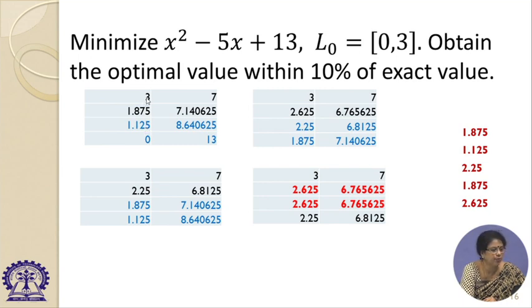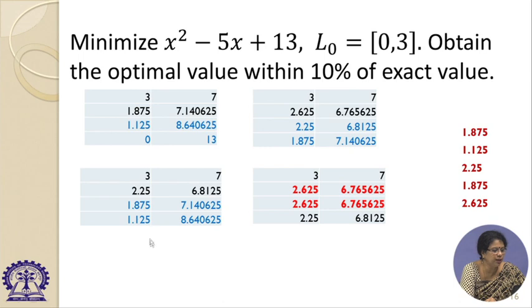Let us see the functional values: 7, 7.14, 8.6, 13. We could see that the functional value is increasing from 7 towards 0. We are finding the minimum value, so there cannot be any minimum between 1.125 and 0, because the trend of the function is increasing.